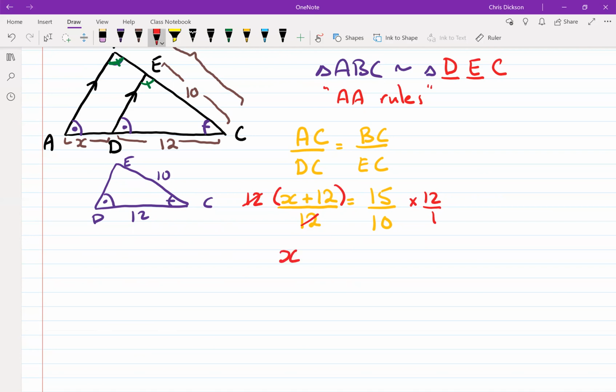So x plus 12, and let's use our calculator now. 15 divided by 10 is 1.5, and you times that by 12, and that's going to give you 18. Now we subtract 12 from both sides, and we get 18 subtract 12, which is 6. So side x is 6 units long.